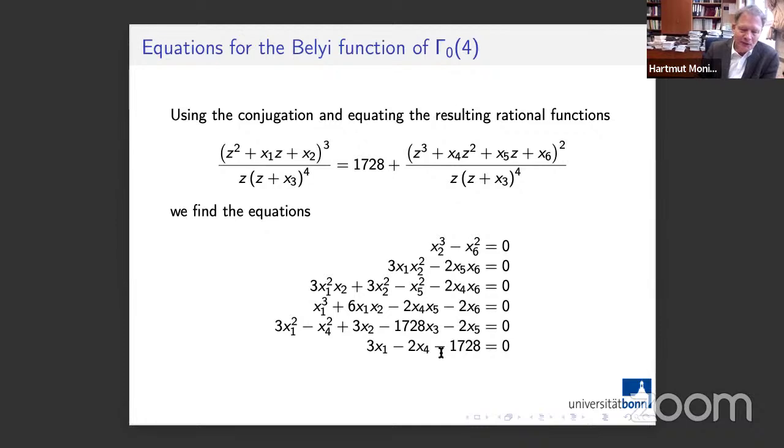Now, in the end, what we will do is solve these algebraic equations for a Belyi map where the number of unknown coefficients in these rational functions is enormous, because the degree of the polynomial in the numerator will be 276. So what we have, in the end, for the Belyi map of Conway 3, for example, is an algebraic system of equations in 276 variables of degree 276, and we have to solve this algebraic set of equations exactly.